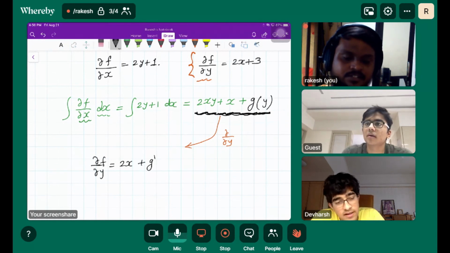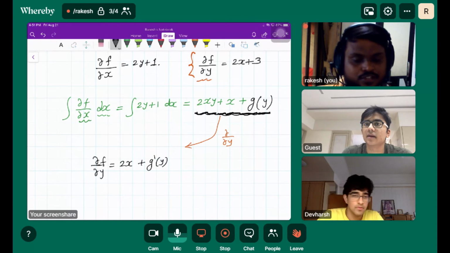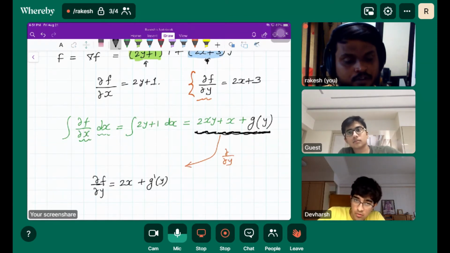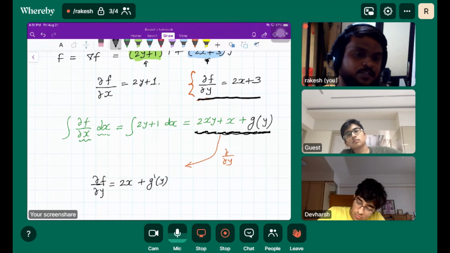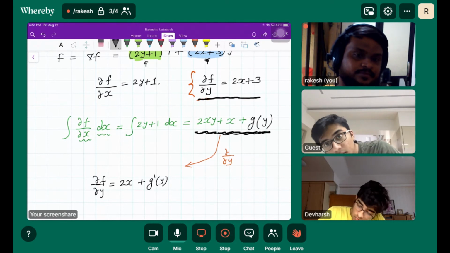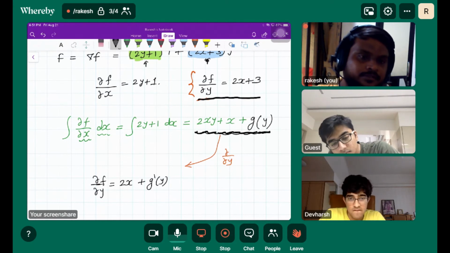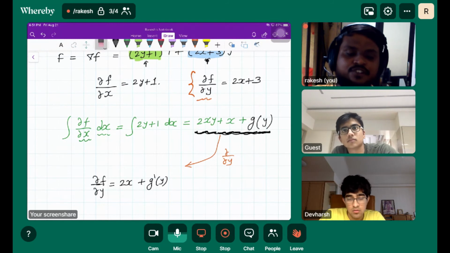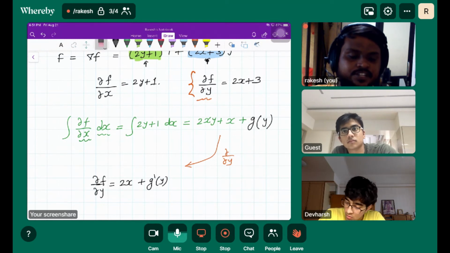See, we got this partial derivative with respect to y. We already have the partial derivative with respect to y, isn't it? This should be equal, right? This should be equal because they are the partial derivatives of the same function, isn't it?